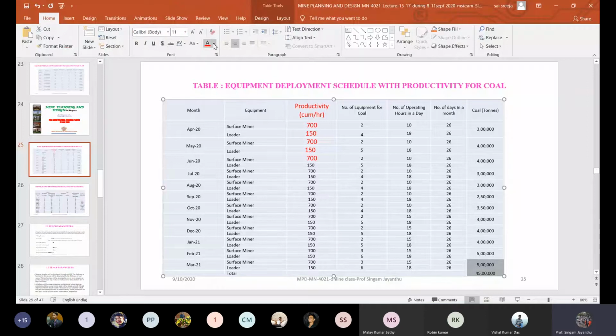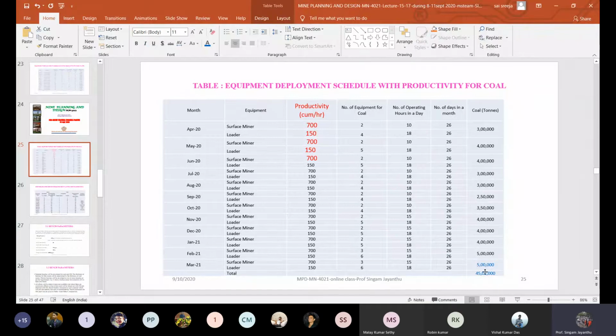So 4.5 million tons can be achieved based on these production figures, the productivity and the equipment you are going to use here.